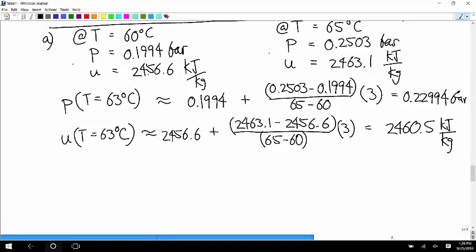The pressure isn't going to change when we switch to saturated liquid. So all we have to calculate for the saturated liquid is the new internal energy. Do you expect the new specific internal energy to be bigger than this or smaller than this?